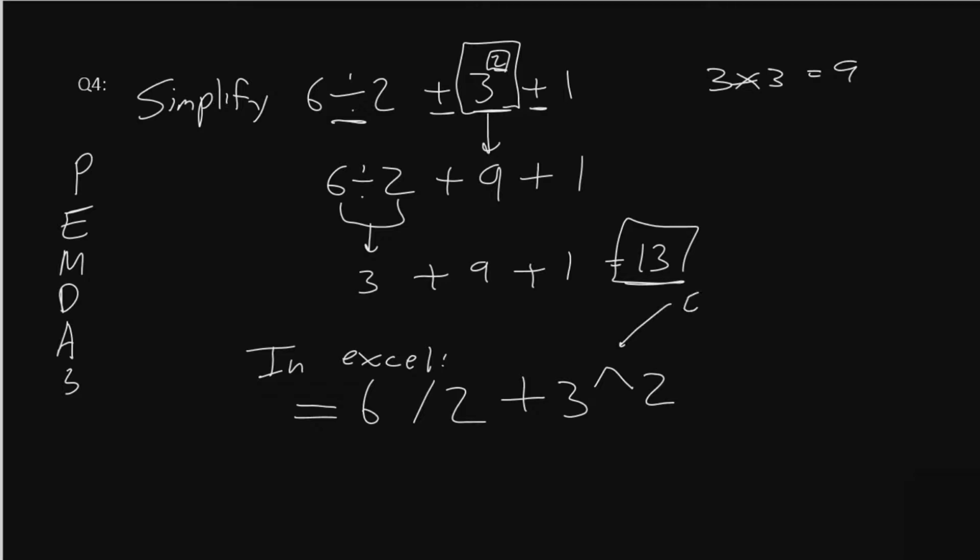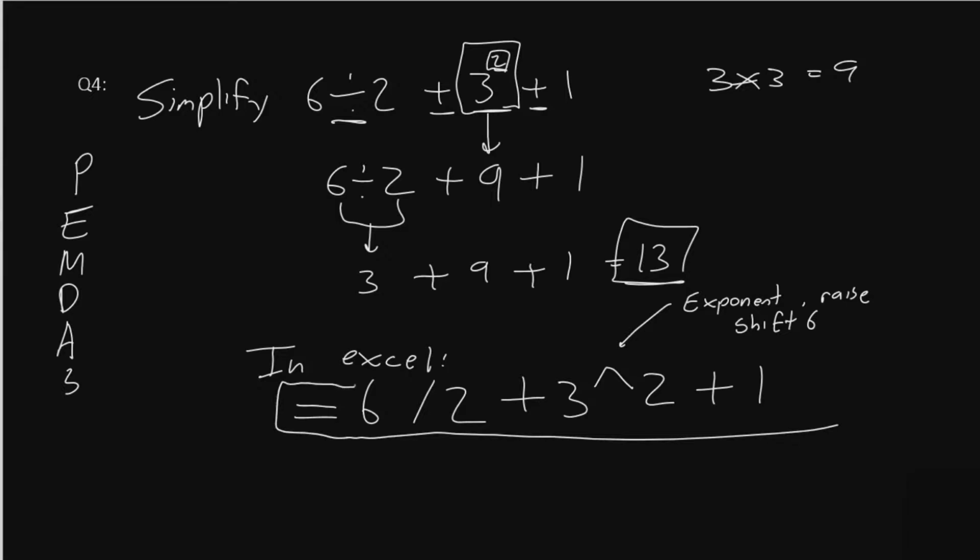That little symbol is called the exponent symbol. You might hear me call it the raise symbol. And this is going to be Shift 6 on your keyboard. So we say 3, Shift 6 to get this symbol, and then 2, and then continue on and say +1.